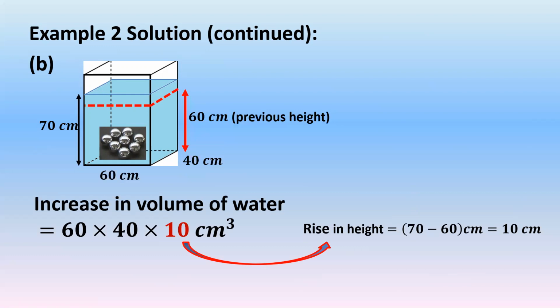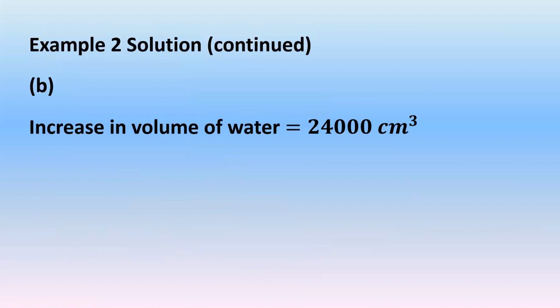will give us a volume in centimeter cube. Simplifying this, we get 24,000 centimeter cube. Increase in volume of water is equal to 24,000 centimeter cube. This increase in volume represents the volume of the 8 small metal balls.